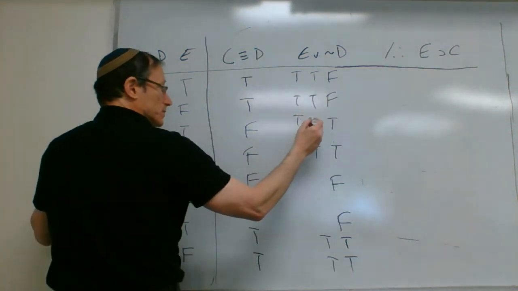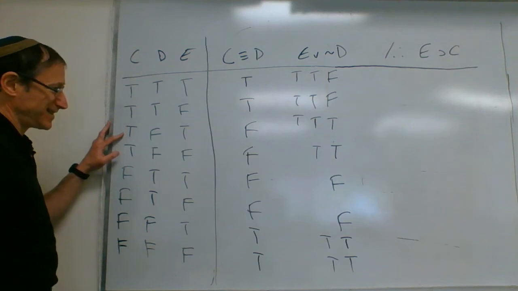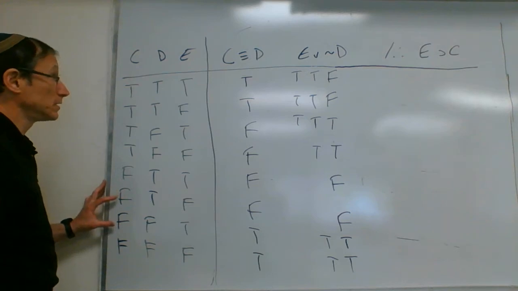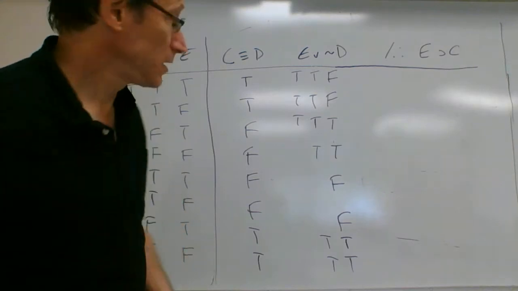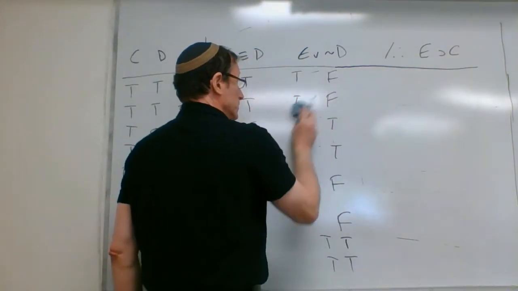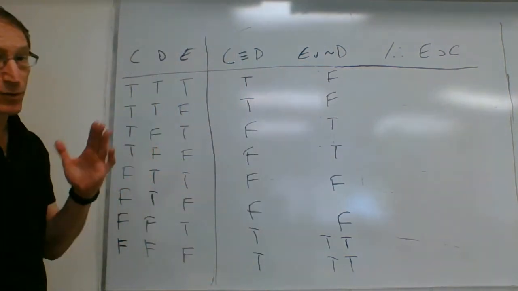This is going to be true. What about on these 2 rows over here? Well, here, E, okay, see, I made a mistake. Excuse me. I was looking at C. I need to do this again. I made a mistake because I was looking at C, that's unfortunately easy to do.